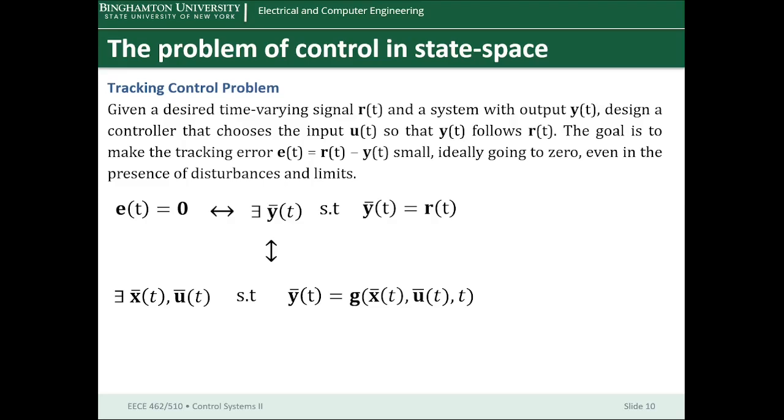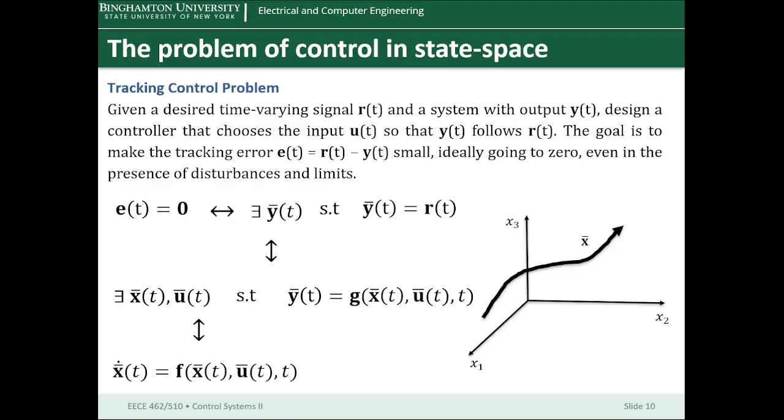Given any such pair, substituting these into the state equation yields x dot equal x bar dot equal f of x bar and u bar. Thus, every tracking problem corresponds to some trajectory in a state space.